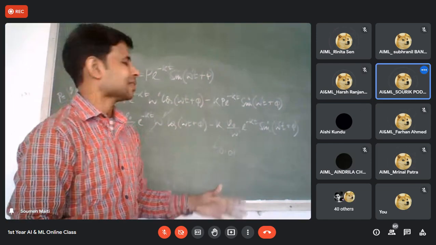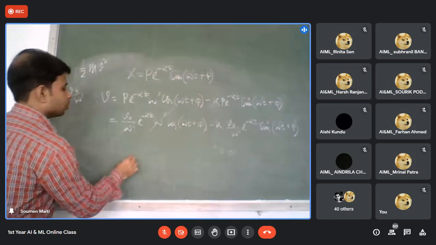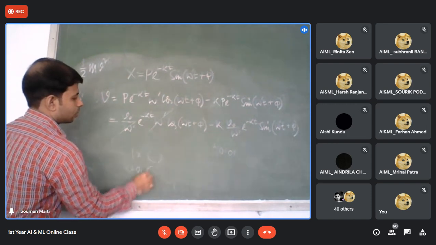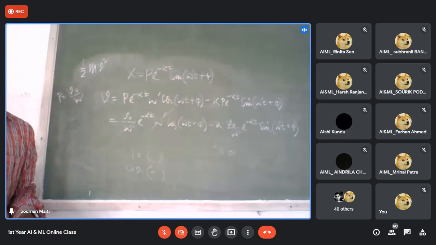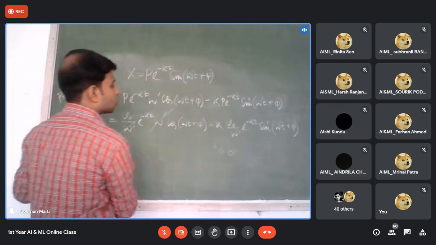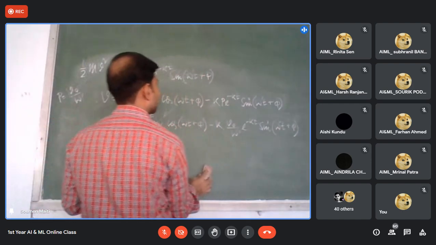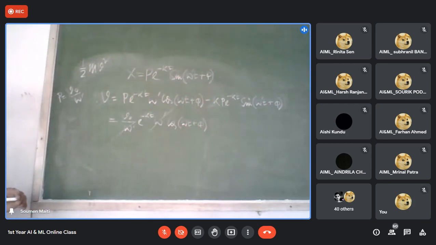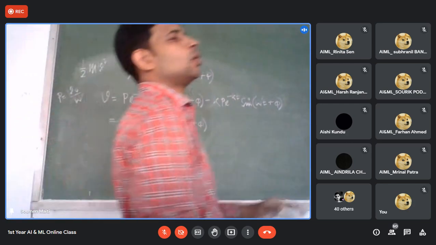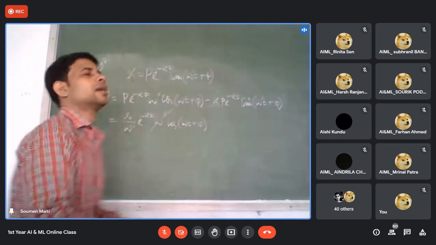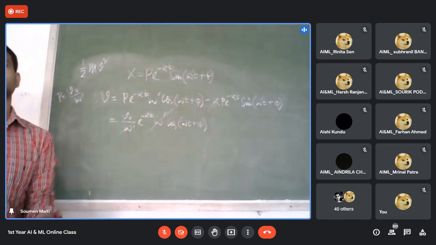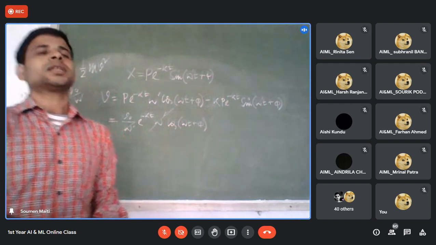If you multiply 1 into something and you multiply 0.01 with something, that value will be less. So, write it down: considering the low damping value, considering the low value of k, we can ignore the second term, as the k value is multiplied.